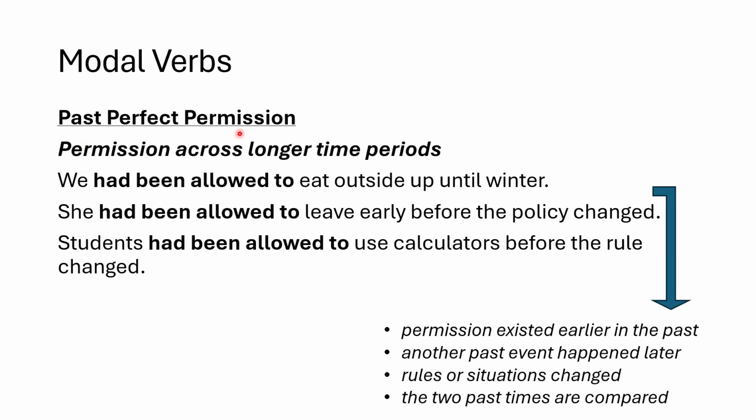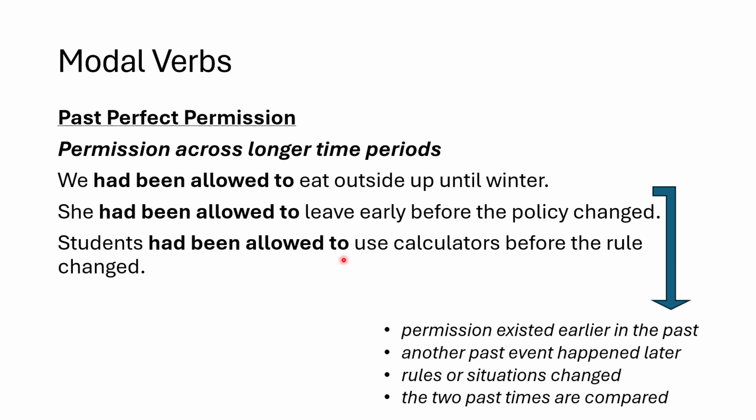Past perfect permission. Permission across longer time periods. The past perfect talks about permission before another event in the past. Here are some examples. We had been allowed to eat outside up until winter. She had been allowed to leave early before the policy changed.